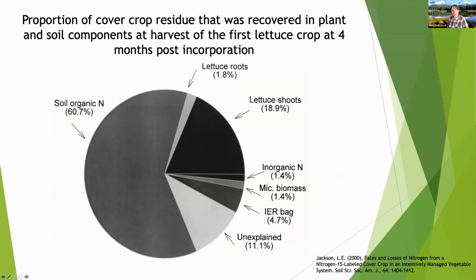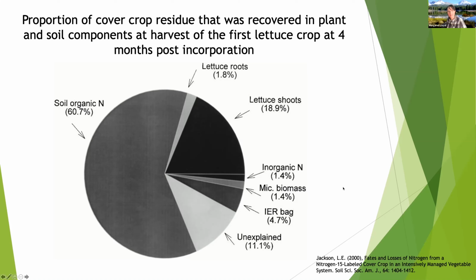I have this picture here to illustrate the concept that only a portion of all this material that we put in is going to be used by the subsequent crop. So this was work by Louise Jackson, who is here today, who will be talking next.